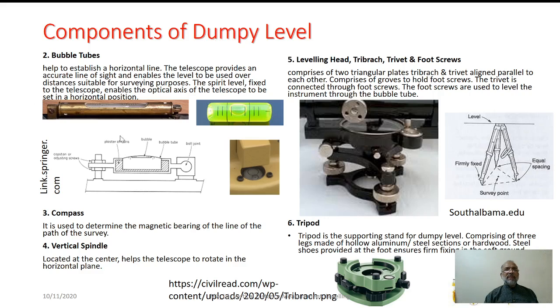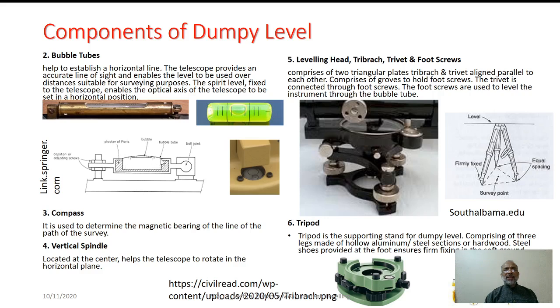The longitudinal level tube is the uppermost portion. It has a variety of patterns. The constructional aspect can be elaborated here. It is fixed at one end, whereas the other end is flexible. It is provided with capstan headed screws so that it can be moved up or down with respect to the horizontal line.